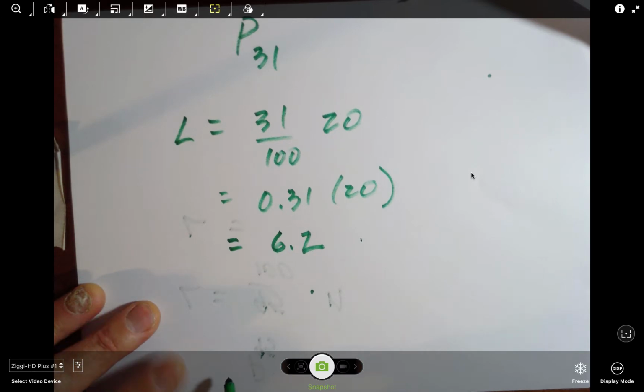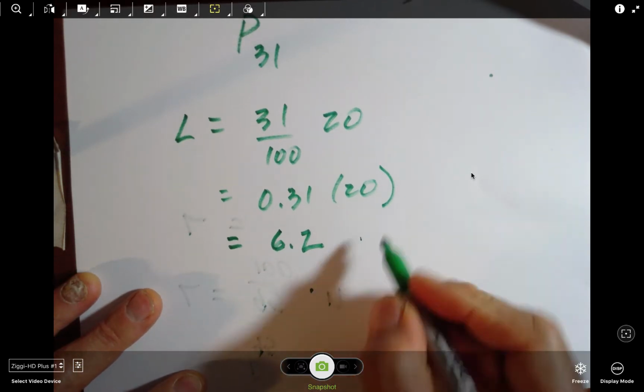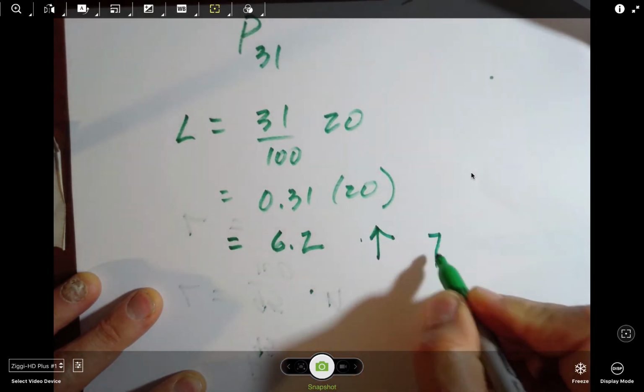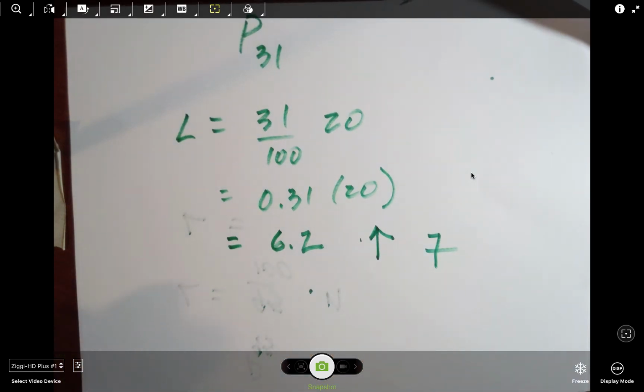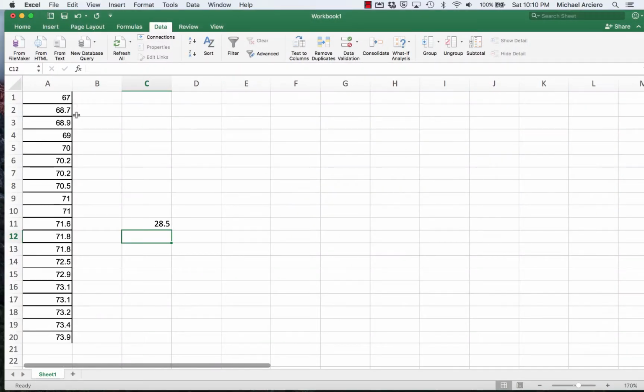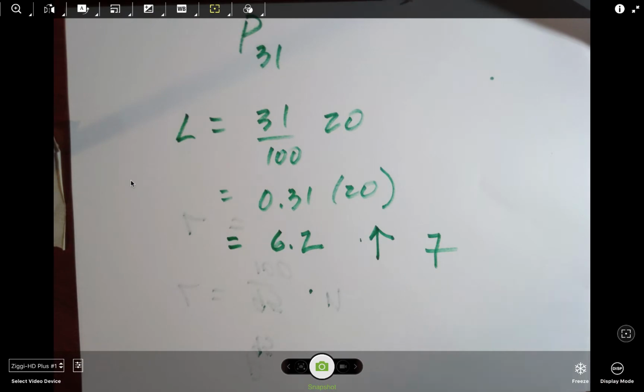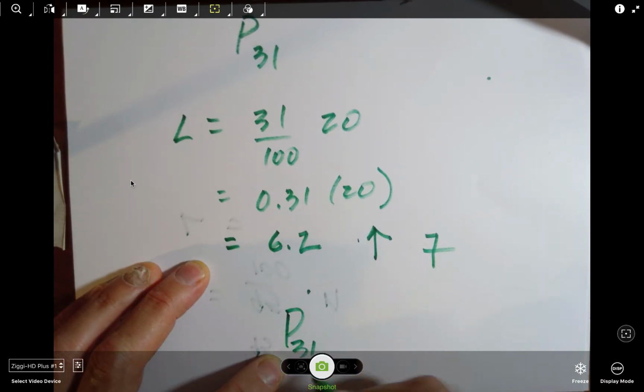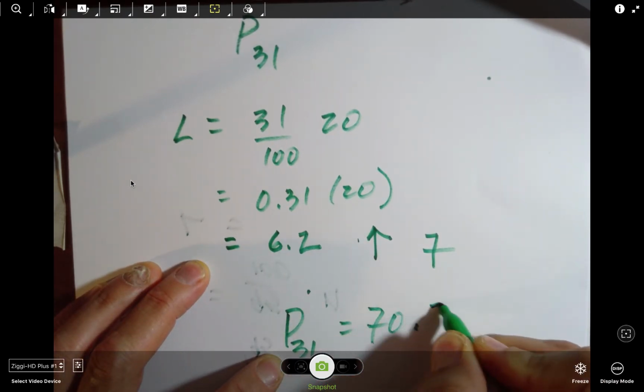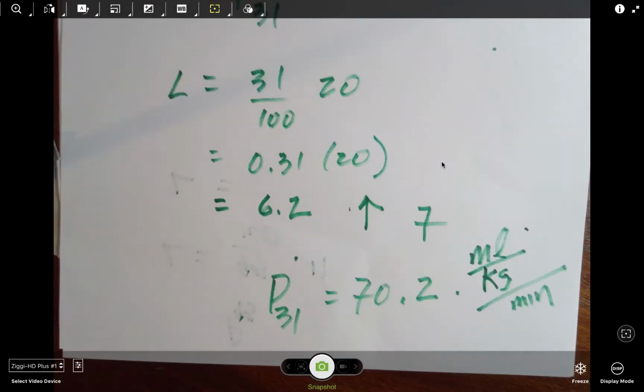Not a whole number, so we're going to round up to 7 and take the 7th value. So we go down and take the 7th value, so 70.2 is our 31st percentile, 70.2 milliliters per kilogram per minute. Always remember the units.